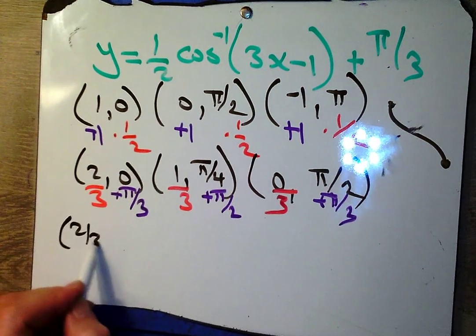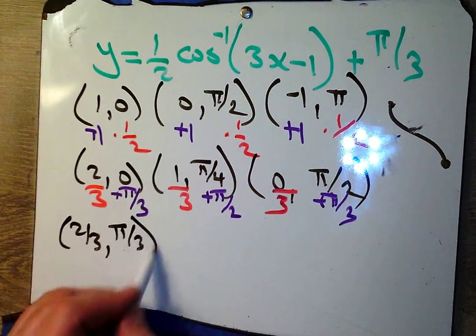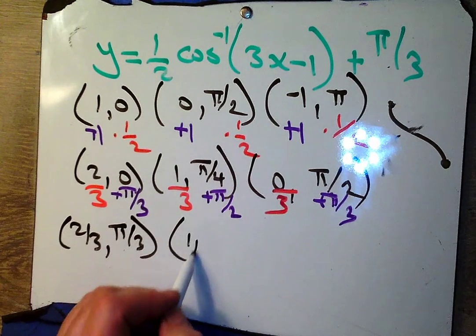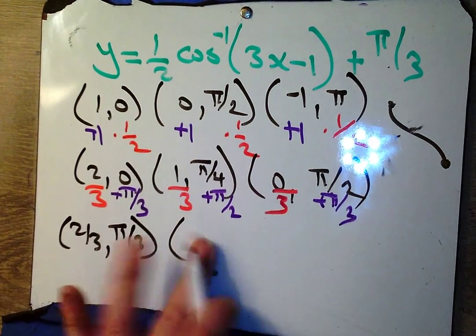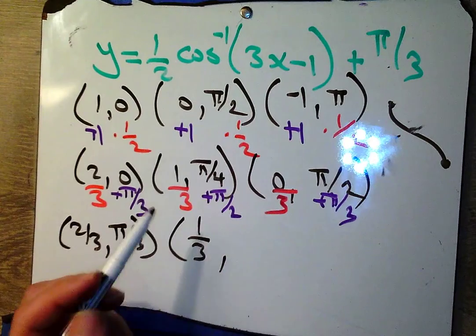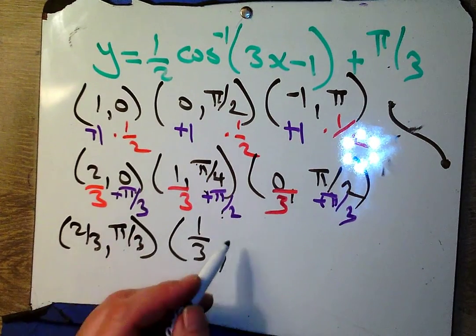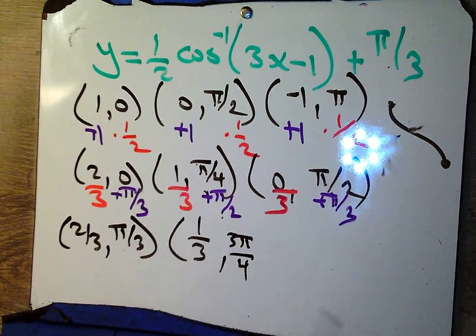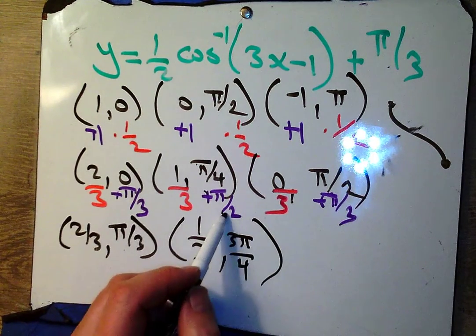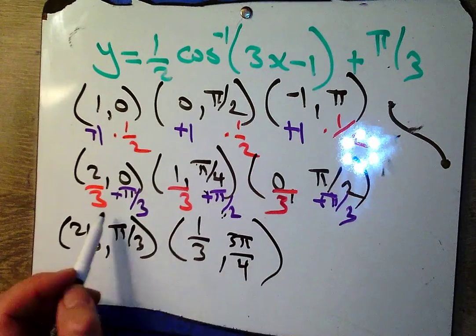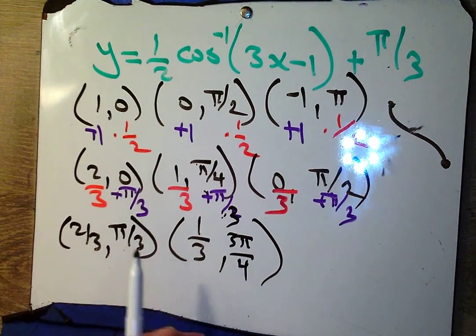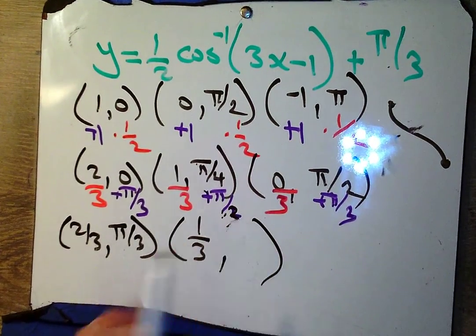We've got 2/3, 0, then 1/3. Pi over 4 plus 2 pi over 4 is 3 pi over 4. Are you sure that's not supposed to be pi over 3 like it is for these others? Yeah, it really is. So let's get rid of that.